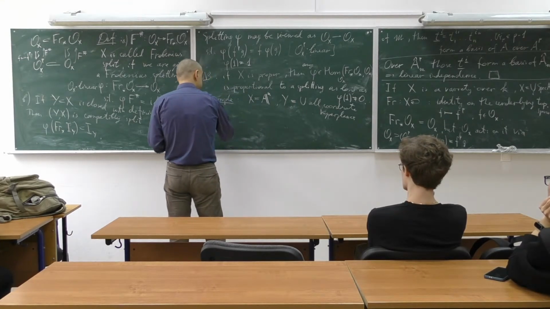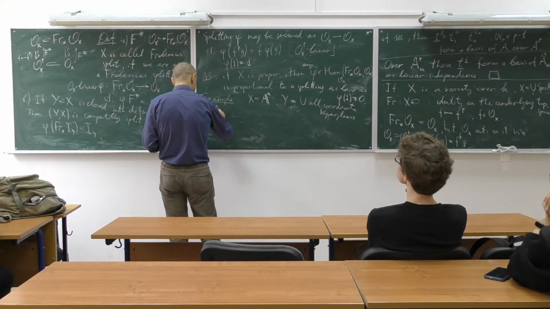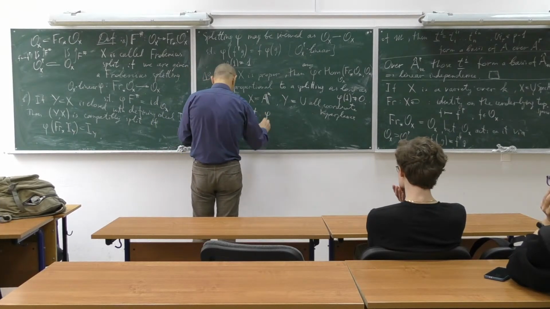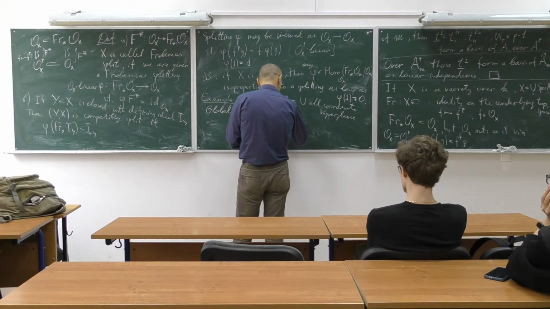So we set, on the level of global functions, phi of some monomial t to the power j is by definition t to the power j divided by p.